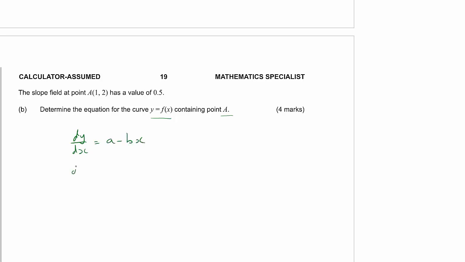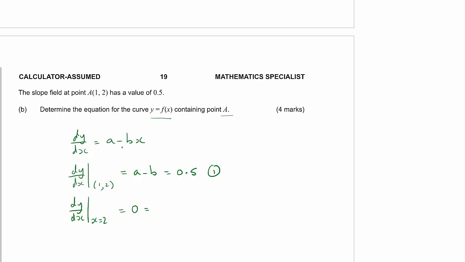So we know that dy/dx at (1, 2) is equal to a minus b, and that equals 0.5. Let's call that 1. But we also, as we noted before, noted dy/dx, given that x equals 2, is equal to 0.